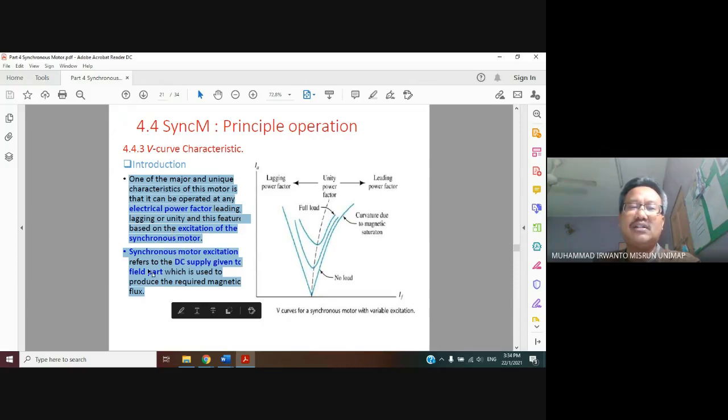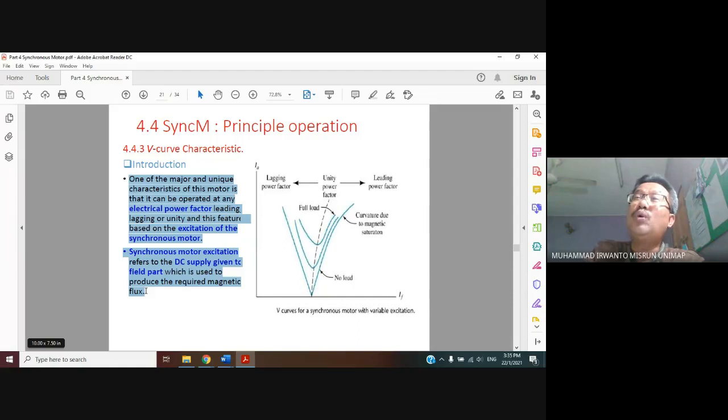Synchronous motor excitation refers to the DC supply given to the field part, which produces the required magnetic flux. If you want to adjust the value of the field current, we can do it by using the rheostat, adjusting the current that flows through the rotor winding.